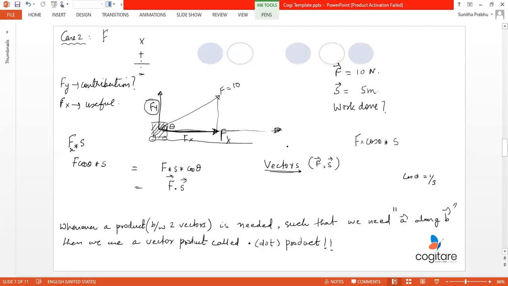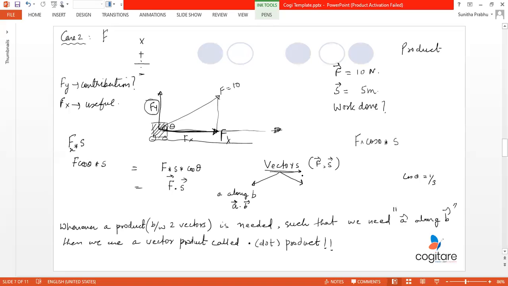So you are dealing with product, but those whom you are multiplying happen to be vectors. When you want to do a product between two vectors, there are two types you can do. One is A along B type, for which you will use the dot product. It is called A dot B. You will not say A into B. You will say A dot B.